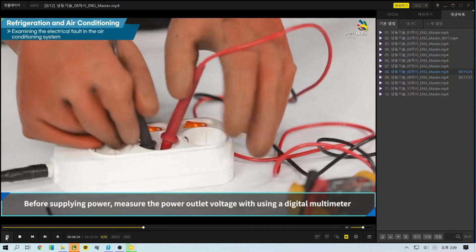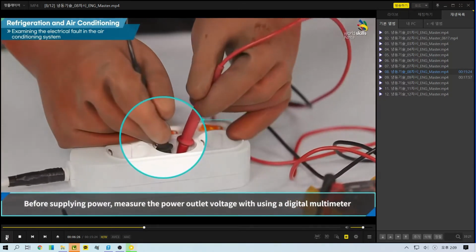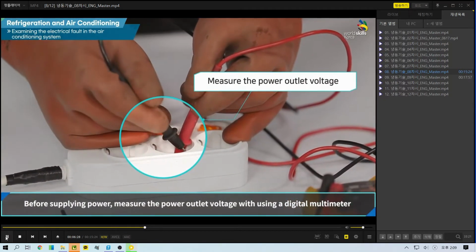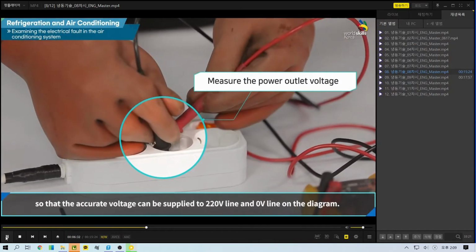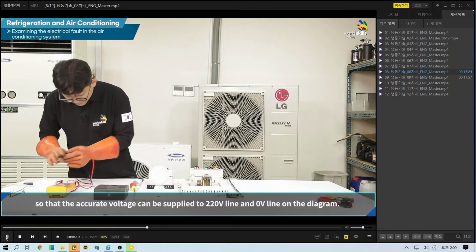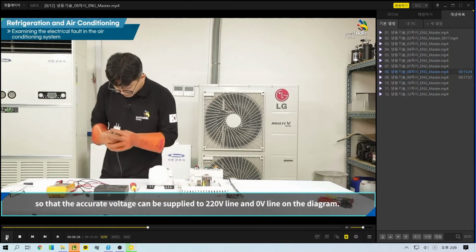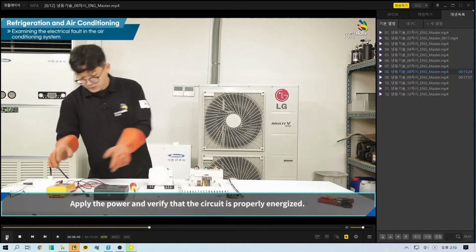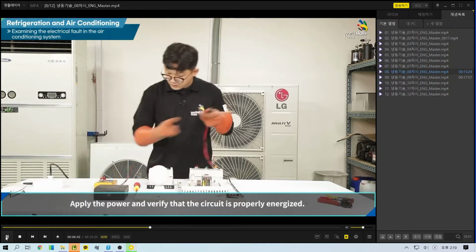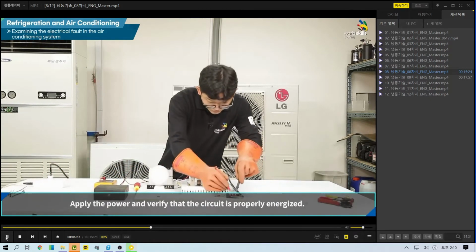Before supplying power, measure the power outlet voltage using a digital multimeter so that the accurate voltage can be supplied to the 220 volt line and 0 volt line on the diagram. Apply the power and verify that the circuit is properly energized.